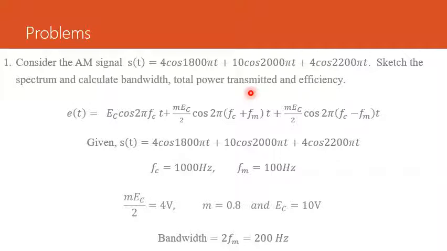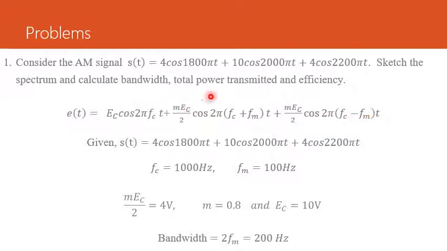In such a question, first of all we want to write the general expression of an AM signal, which contains three signal components, that is a carrier, then upper sideband and the lower sideband, which is equal to Ec cos 2 pi fc t plus m into Ec by 2 into cos 2 pi (fc plus fm) t plus m into Ec by 2 into cos 2 pi (fc minus fm) t.